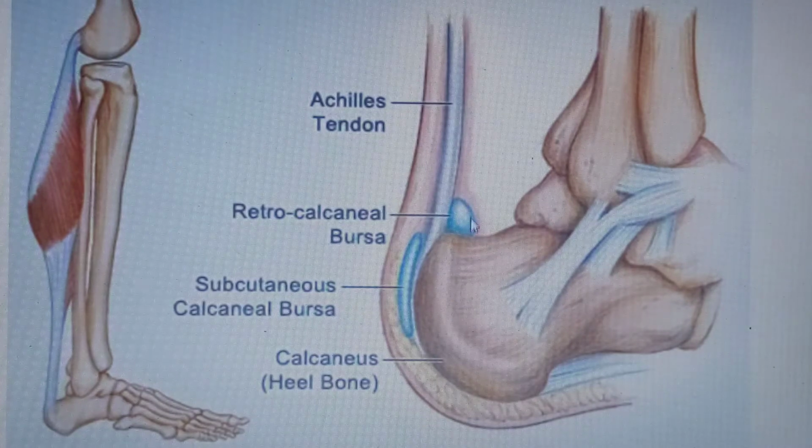And then there is another one which is deep, and this deep one finds itself between the Achilles tendon and the calcaneal bone, and that's what we call the retrocalcaneal bursa, because it is going to find itself behind the calcaneal bone, or behind the calcaneal tendon. So these are the two main bursae which help minimize friction in the posterior ankle area.